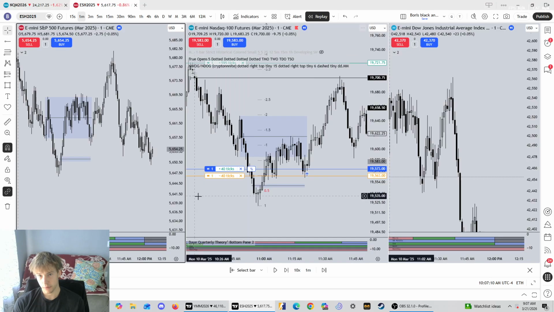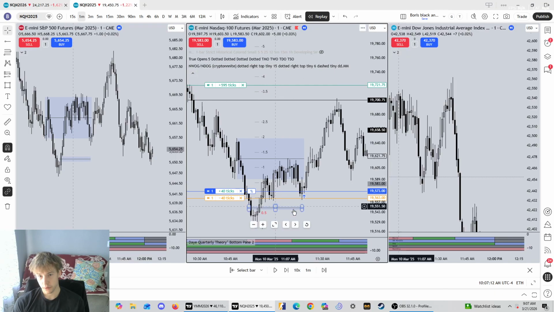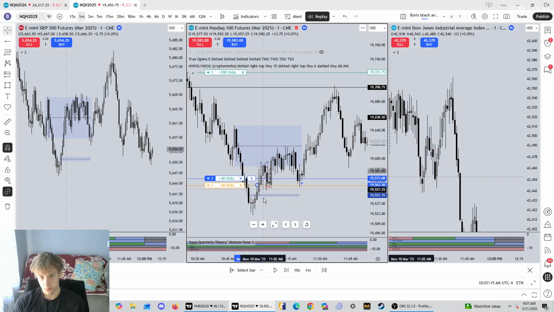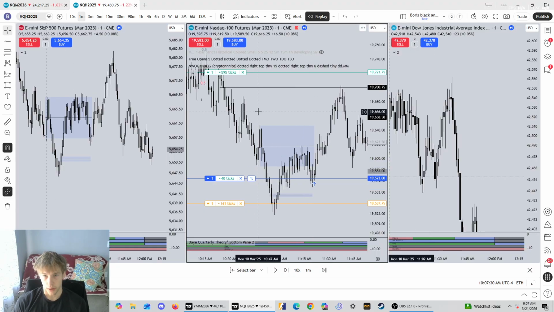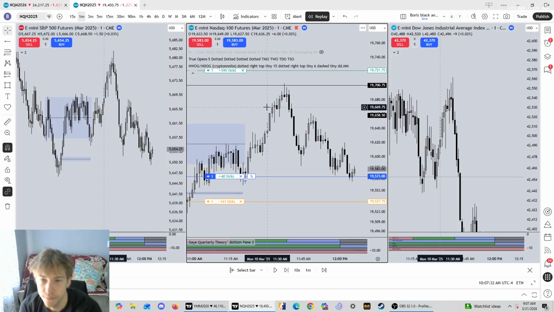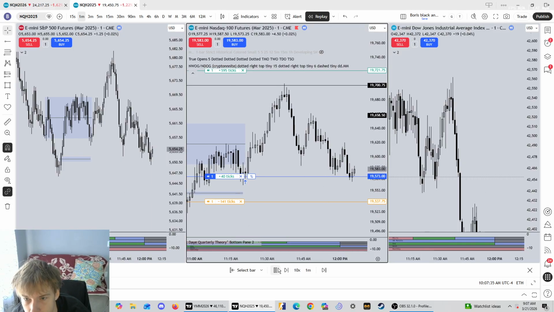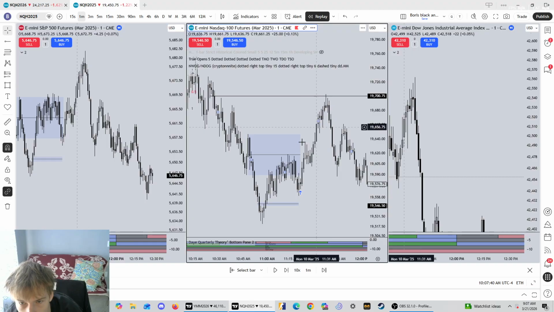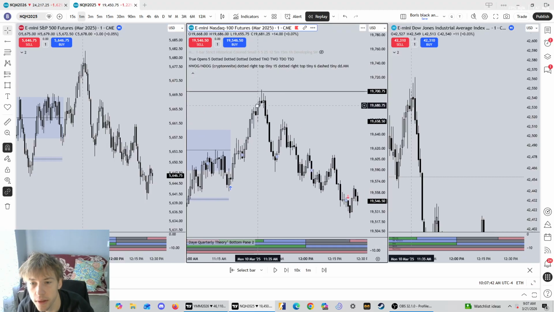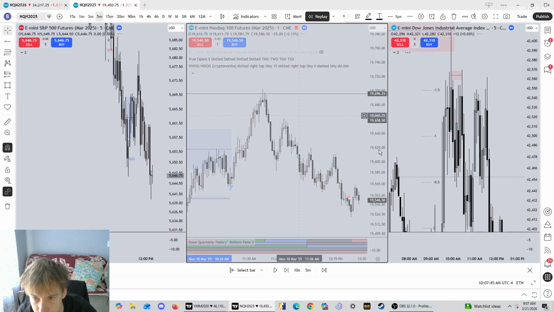In that case, I might have left. -3.5 is right there. First manipulation leg. -2, 2.5. This one. Okay. I don't know. I would hope I would leave. Yeah, I'll probably have left. I don't know. Partial for sure if I had 2 minis, but anyway.